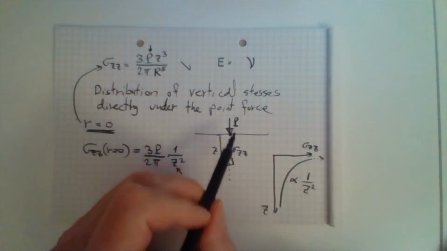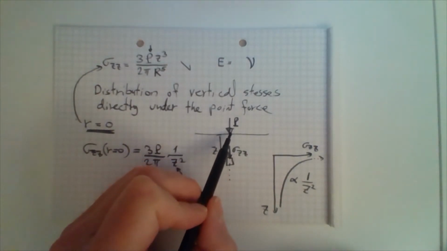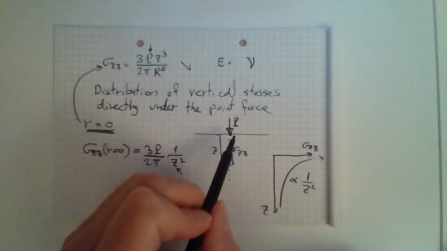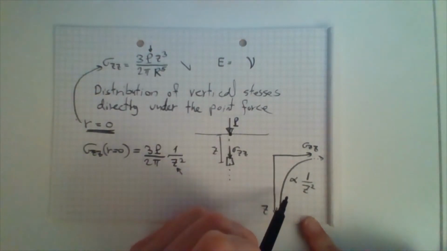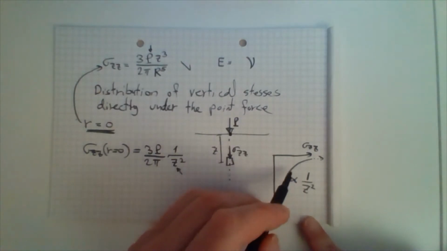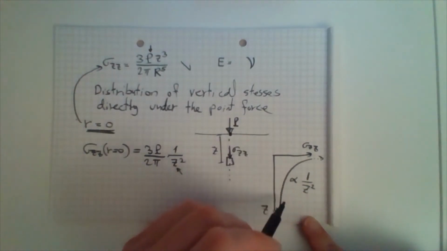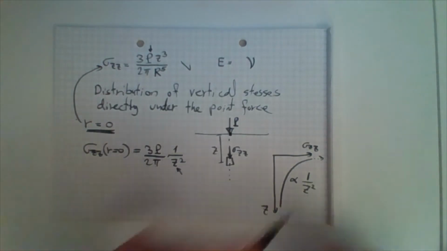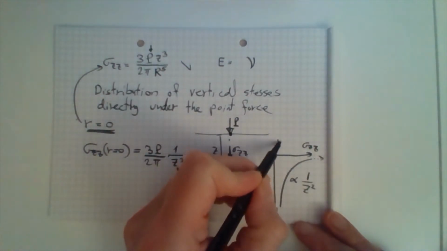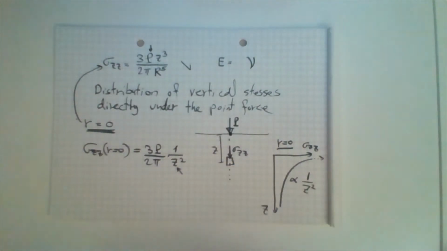A point force is a force that is applied over an area that is 0, and that means that the stress is infinite. So actually the behavior of the vertical stress with depth is consistent with the assumption of a point force. So this chart here is for r equals 0.